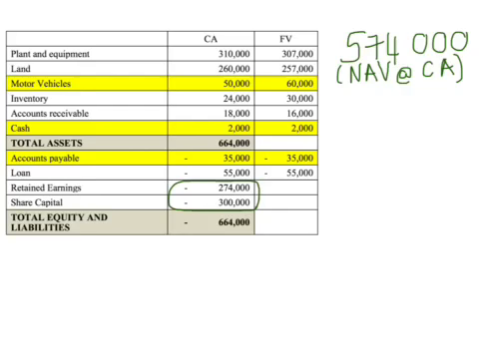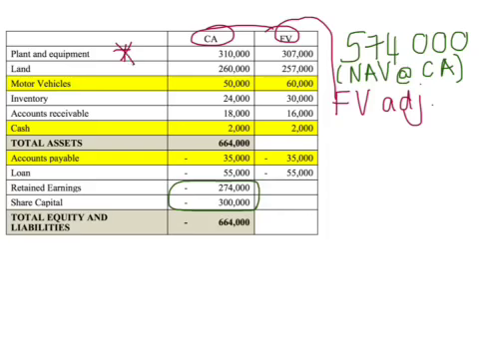Now, first of all, we have to make an adjustment for fair value adjustments. So we need to look at the difference between the fair values and the carrying amounts of the asset items. So our plant and equipment, there's a difference of $3,000. The fair value is less than the carrying amount.